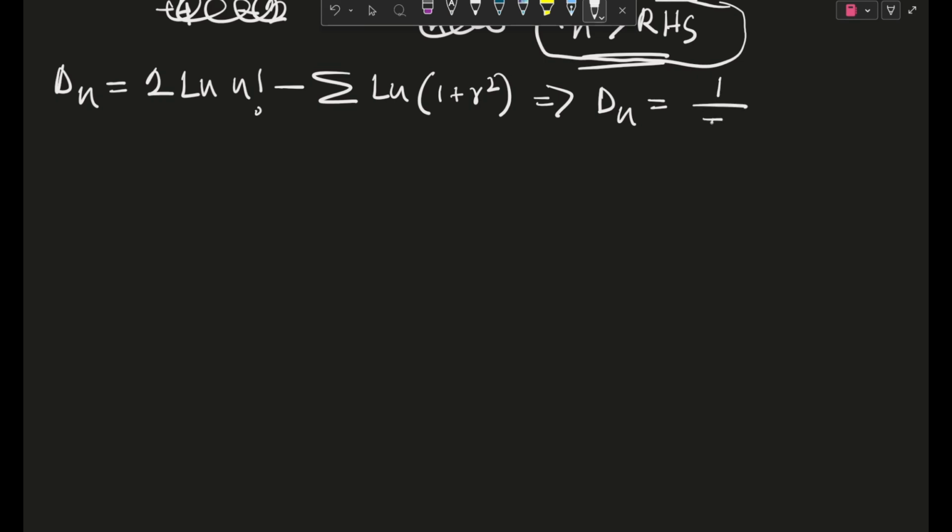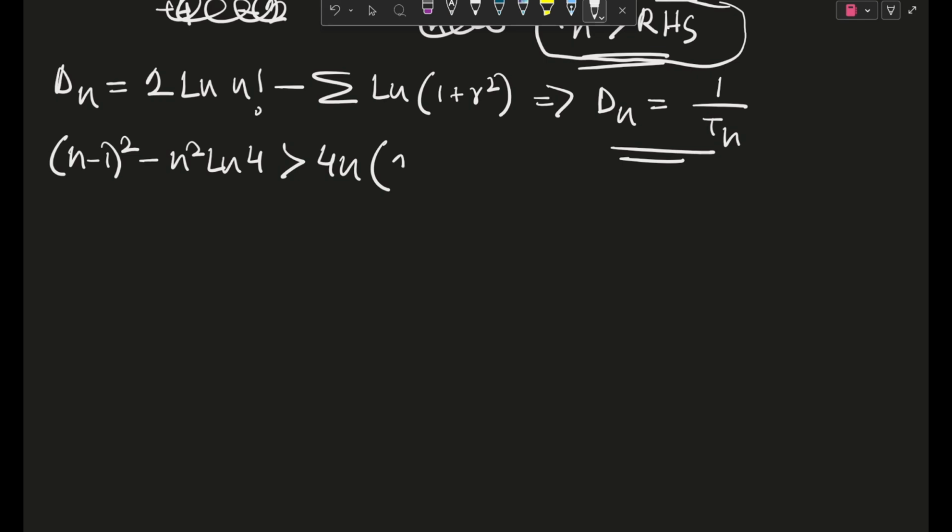So the target expression we had to reach, Tn greater than RHS, the thing we need to prove is: n minus 1 whole square minus n square ln 4 is greater than 4n times 2 ln n factorial minus sigma r equals 1 to n ln of 1 plus r square. This is the thing that we need to prove.